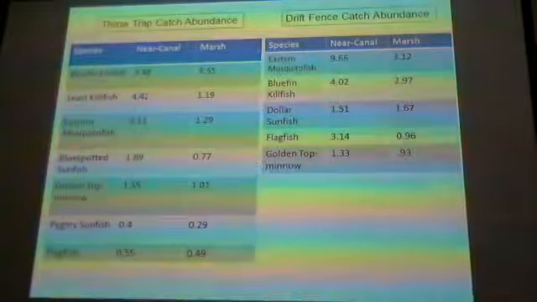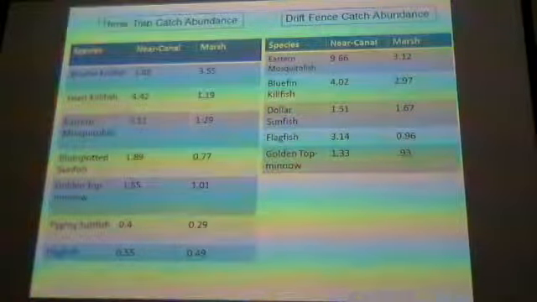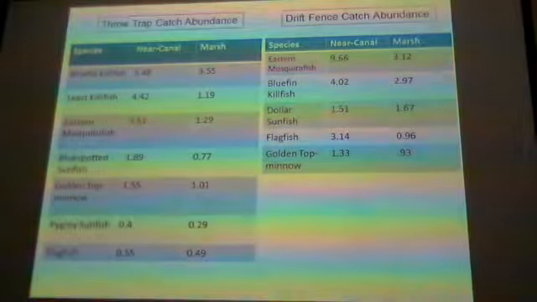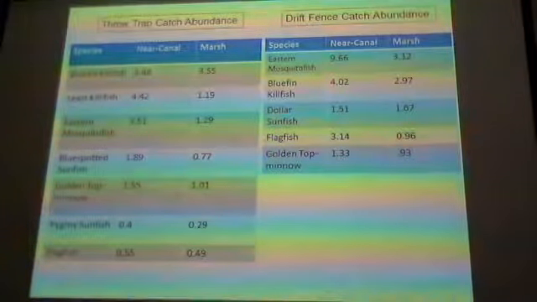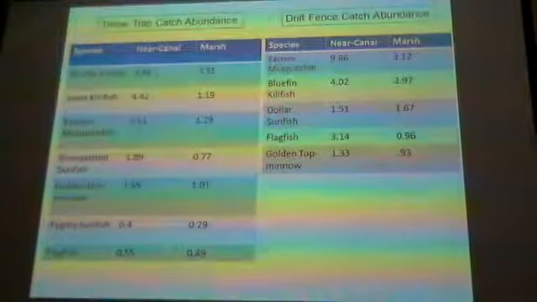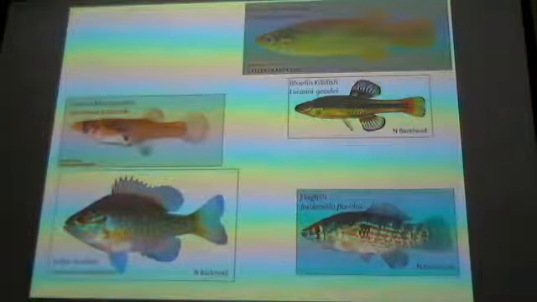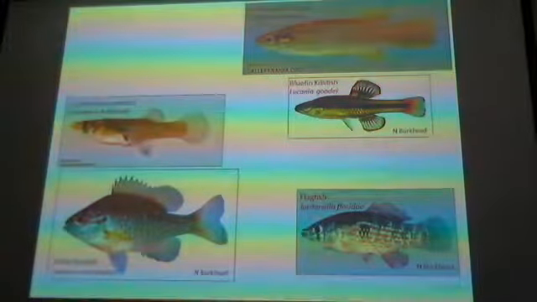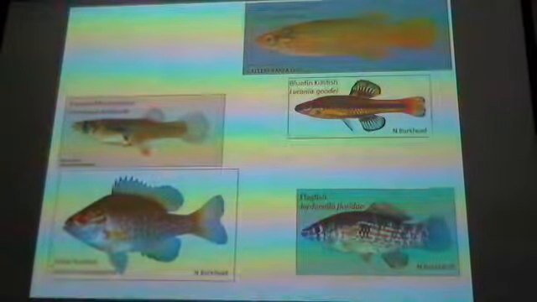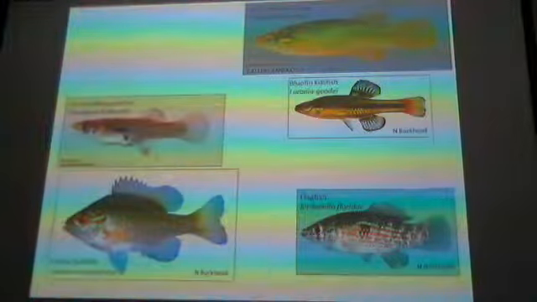So not only is density and catch per unit effort similar, you are seeing differences in communities between these 2 different sites. So that was just a long way of saying communities are different, and why are we thinking that they're different?